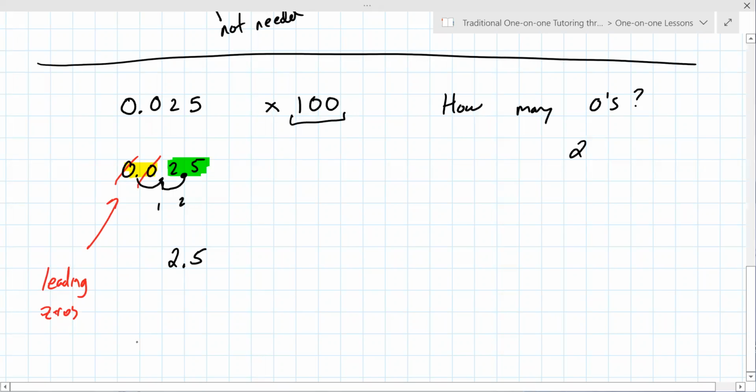Let's have you try one. What is 0.034 times 100? I'll work this on my own. Yes, give it a try.